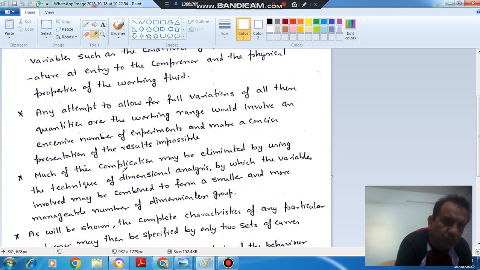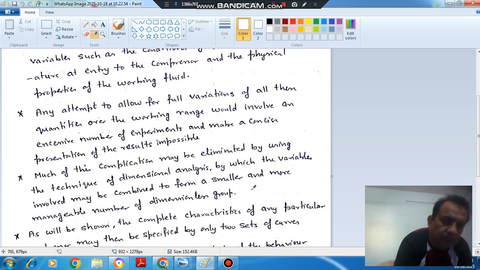Much of this complication may be limited by using the technique of dimensional analysis, by which the variables involved may be combined to form a smaller and more manageable number of dimensionless groups. So instead of delivery pressure, we choose pressure ratio, delivery pressure to intake pressure. Instead of delivery temperature, we will use temperature ratio.